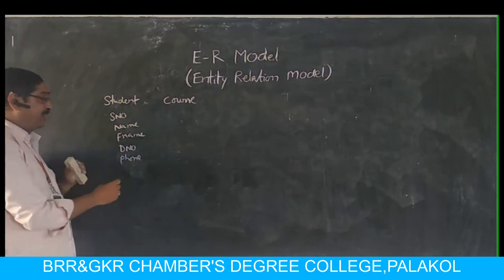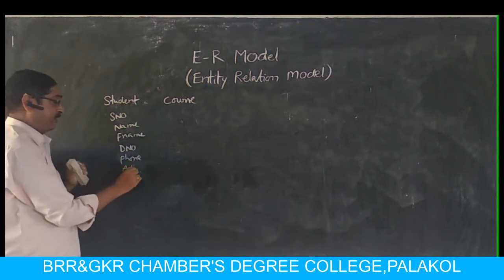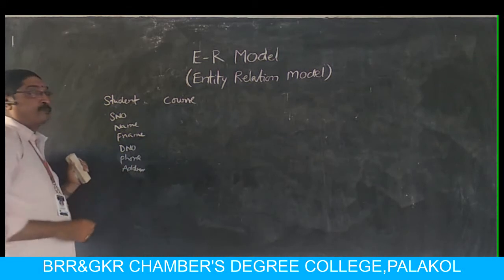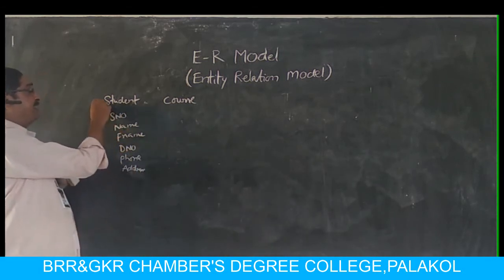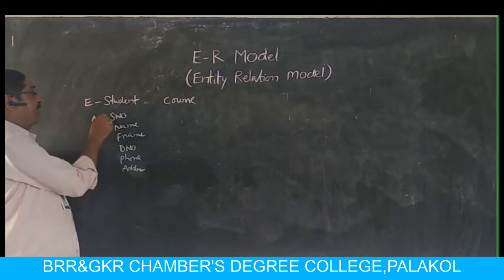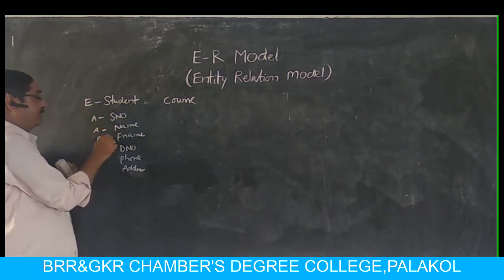Like that, we'll have some details, some address. So this is entity and these are attributes. This entity and these are all attributes of the student.